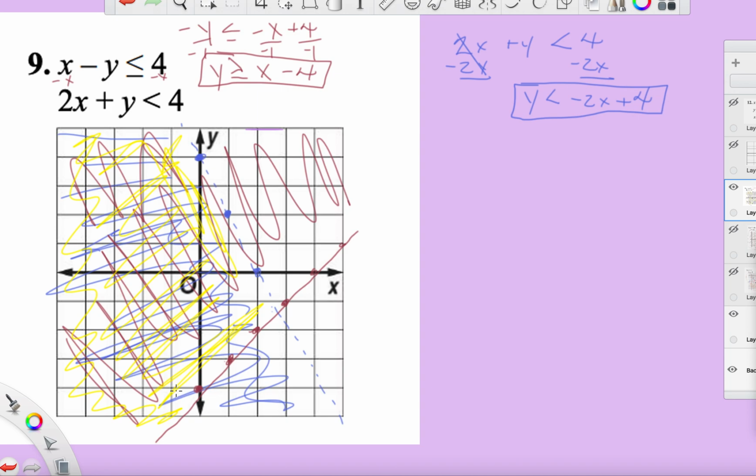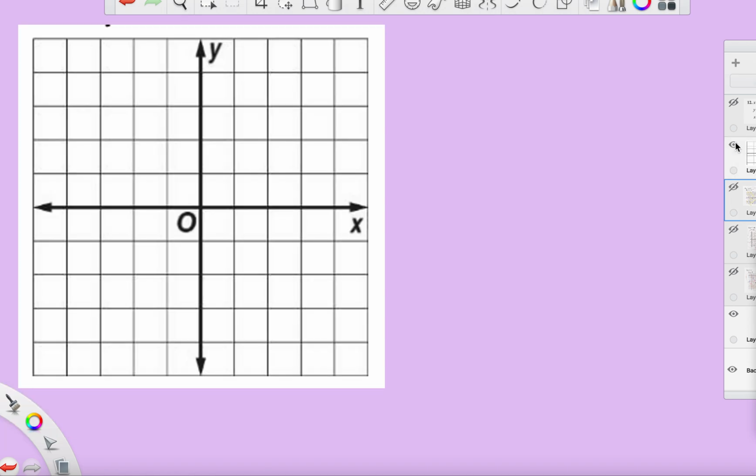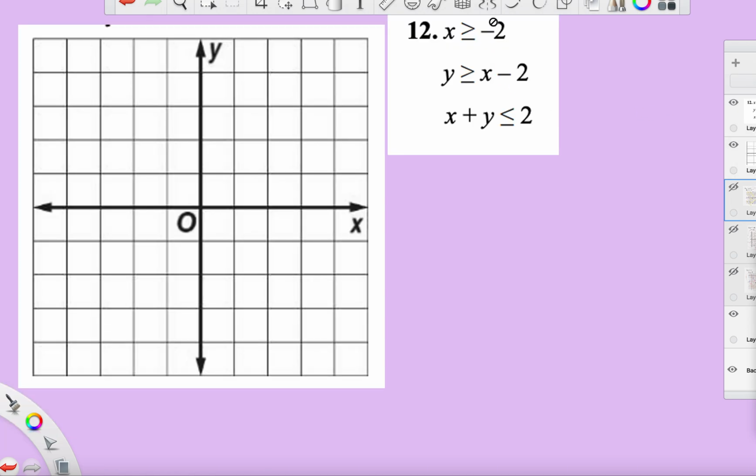Cool? All right, let's go to the last part. The last part says, give me the coordinates of the triangle created when you graph these. And I'm just going to rewrite this one simply for you. Y is less than or equal to negative x plus 2.